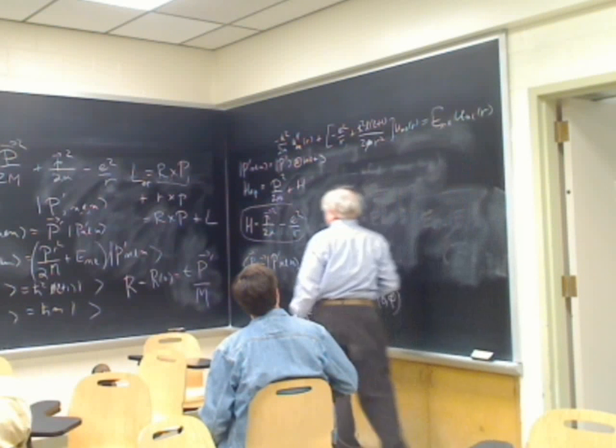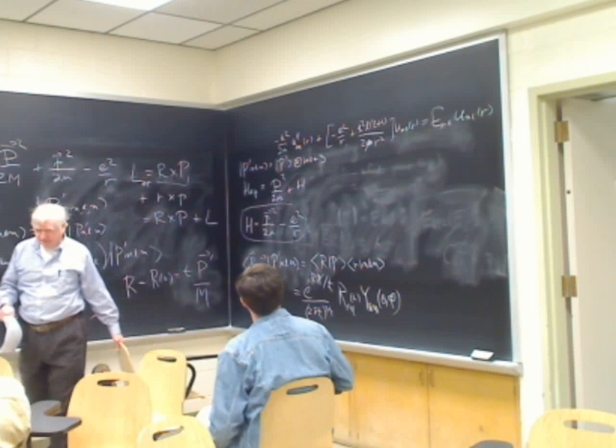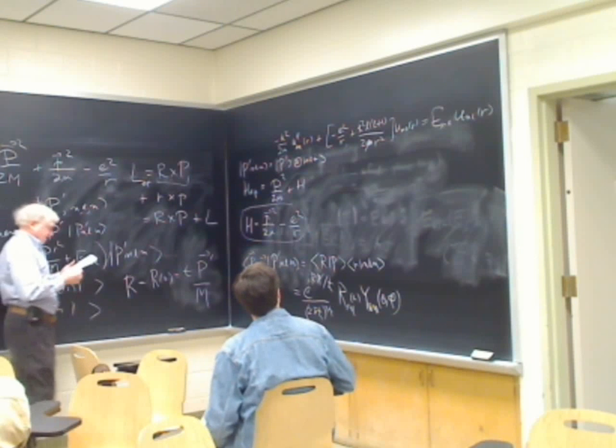Of course, I'm writing E_nl, which is stupid because we know that it doesn't depend upon l because of the hidden symmetry in the hydrogen atom.